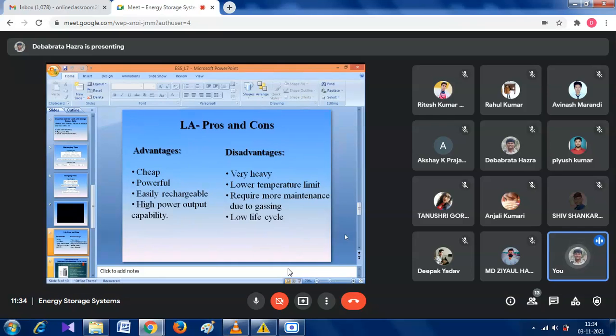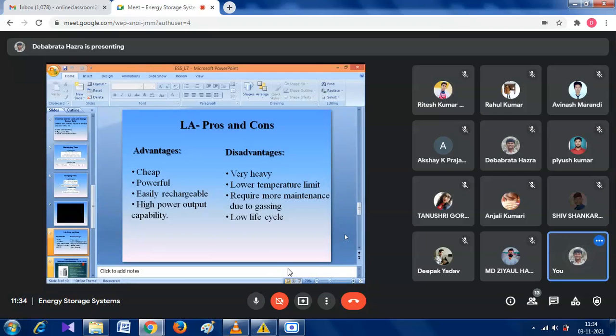Also, sulfation happens in the positive plate, so maintenance of the lead acid battery requires a lot of effort. And hydrogen is produced here.